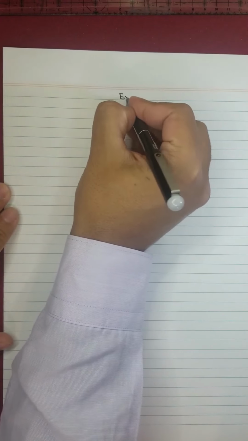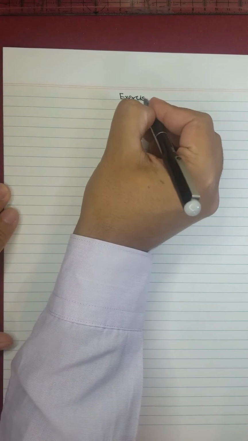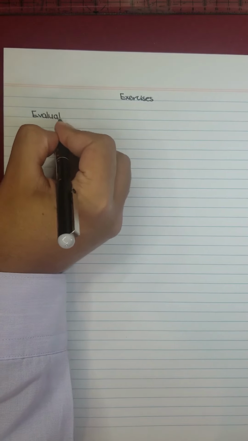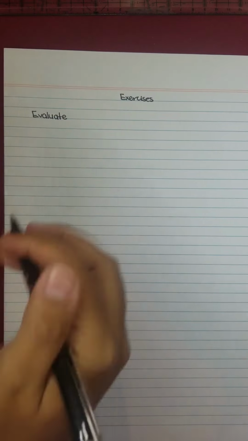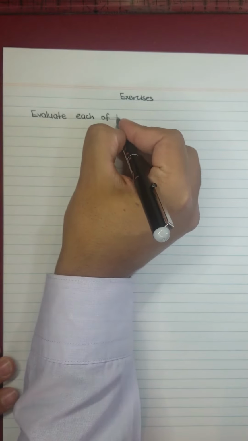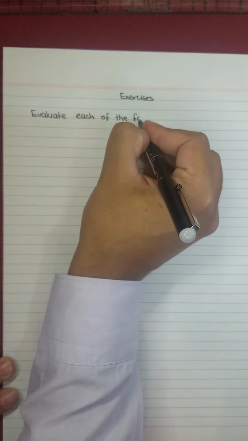So let's discuss some questions. Let's solve some exercises. Here we have some exercises, and our exercise is to evaluate, which means find the value, each of the following permutations.